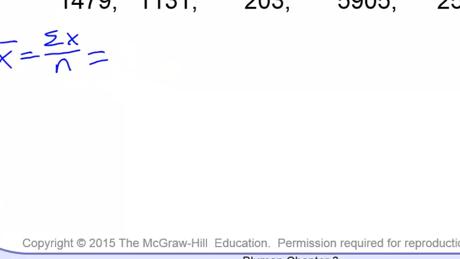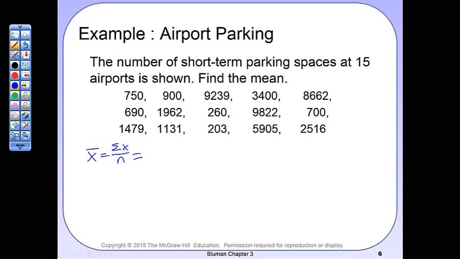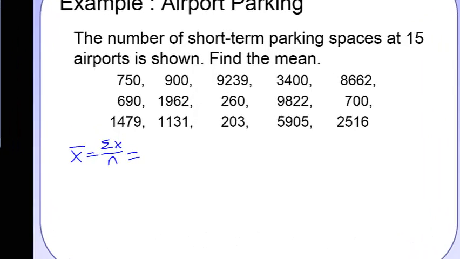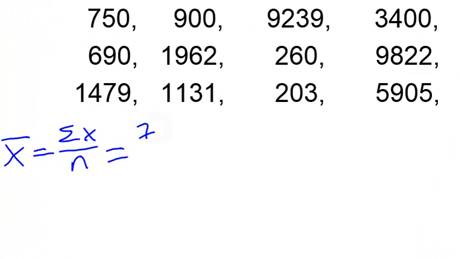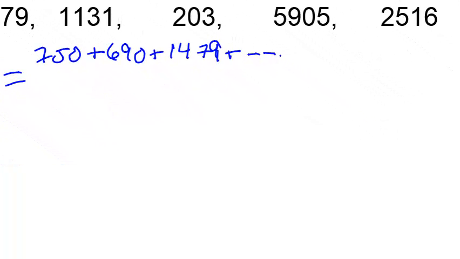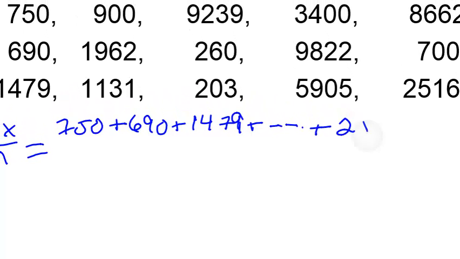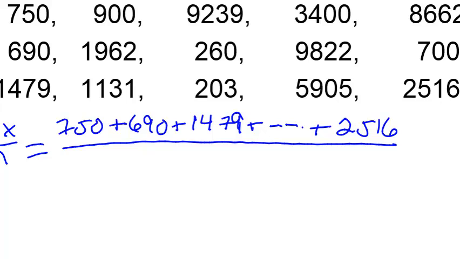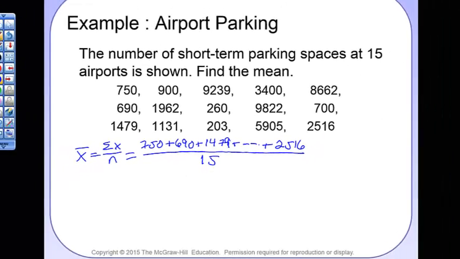So I want to add all of my numbers up, my 750, my 690 plus 1479, all the way up until I've added all of them up to my 2516, and then I'm going to divide by how many there are, which is 15.